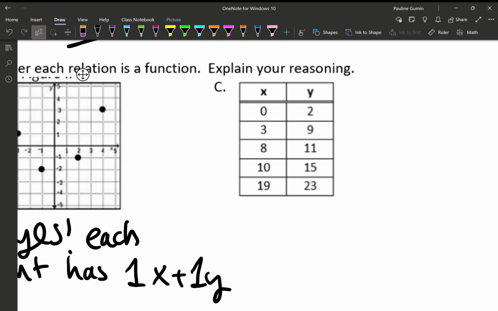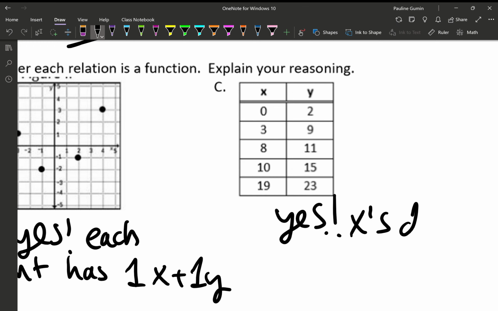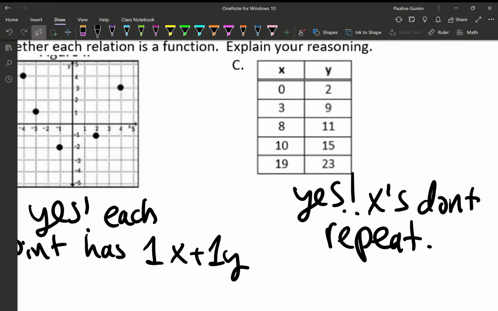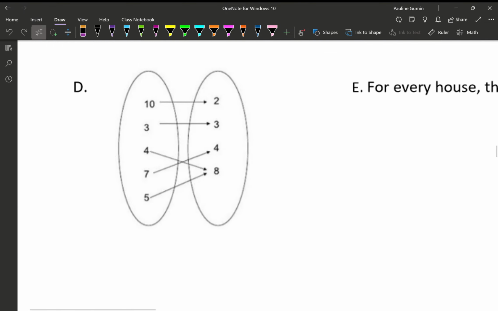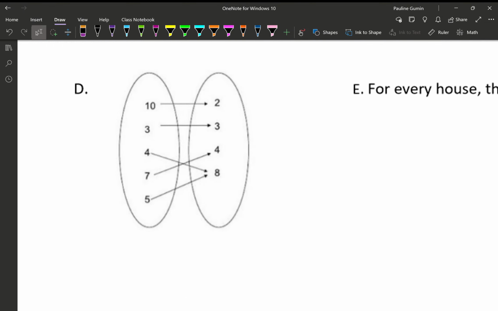Because that's what would make it not a function. They don't repeat. Awesome. So yes, x's don't repeat. All right, letter D. Check them out. Make sure no one's cheating. No one's cheating. So I would say yes.